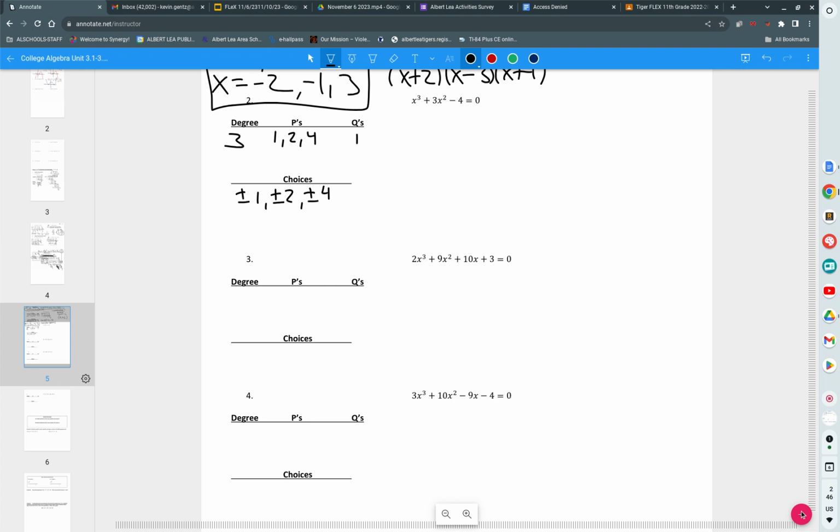What'd you get? Who found one? He found 1. X equals 1. Way to go. That's all we need. That means that x minus 1 is a factor.